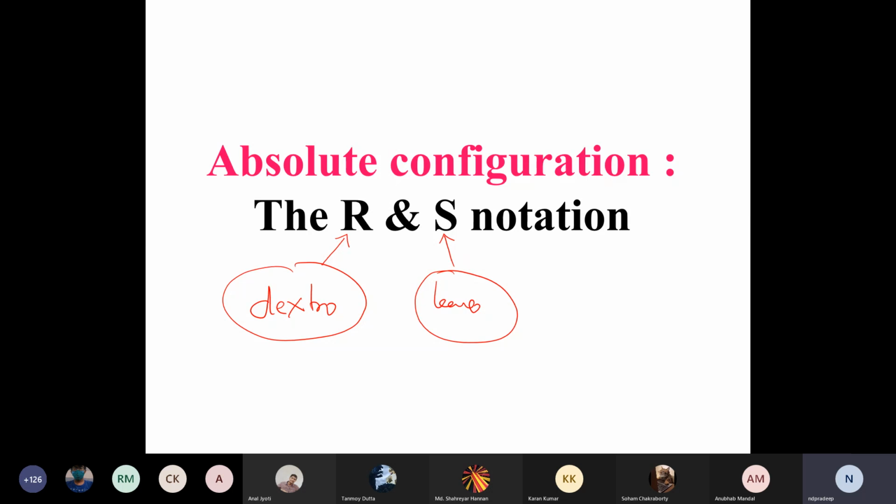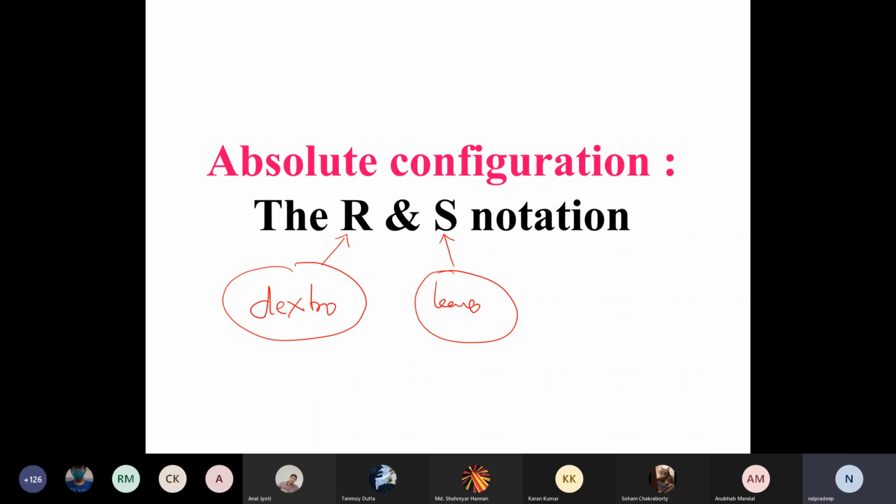Many people think, based on the nomenclature, that R compounds turn the plane polarized light in the clockwise direction, and S compounds turn it in the anti-clockwise direction. No. Only the dextro compounds turn the light clockwise.